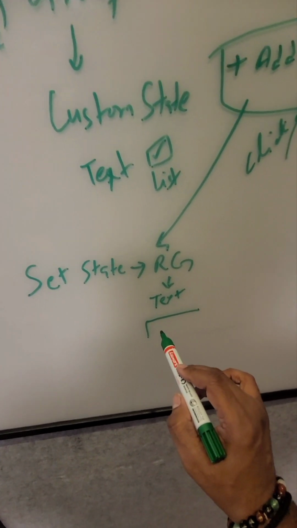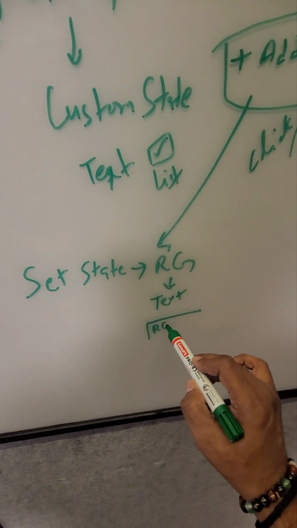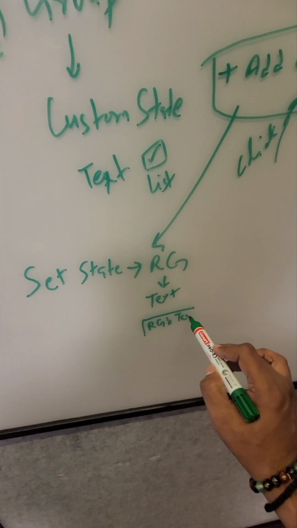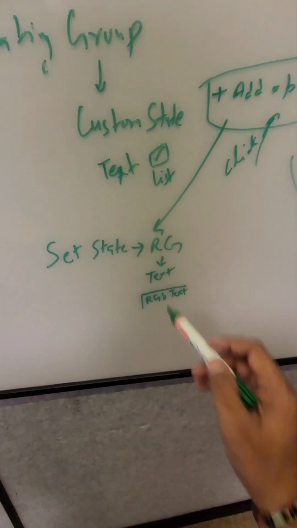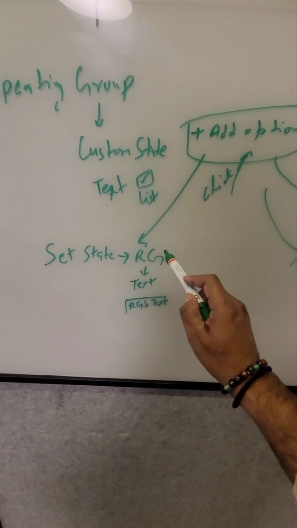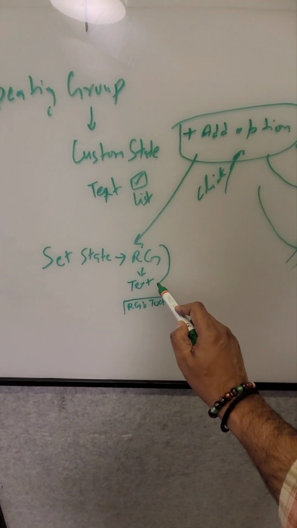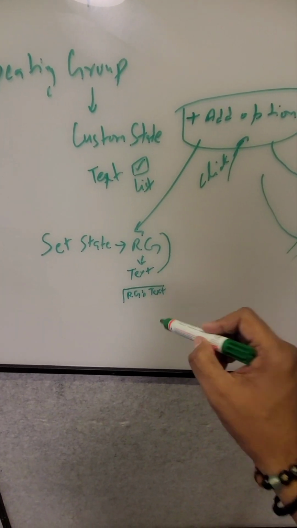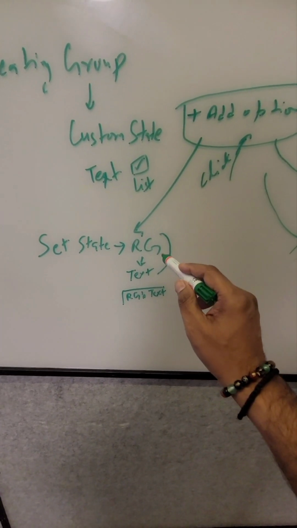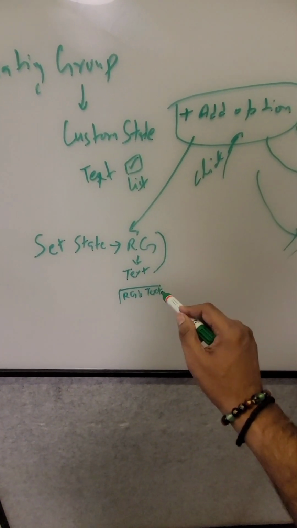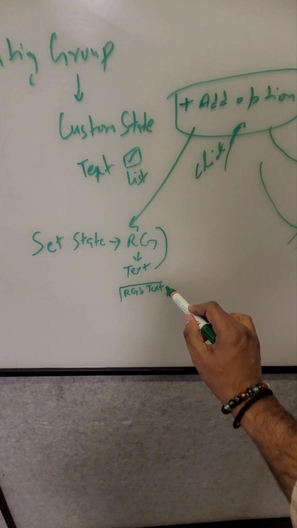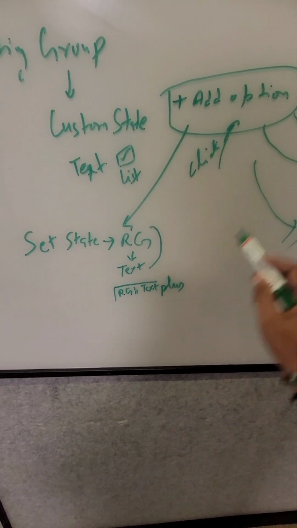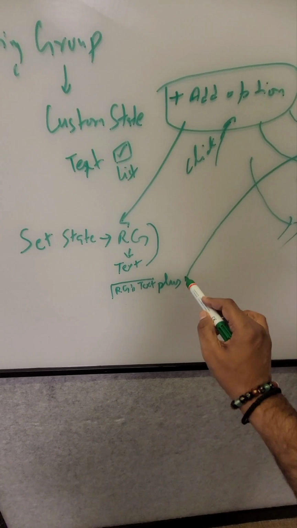So that's going to be RG's text, meaning this state already has this text, irrespective of whether it's empty or has some value. Whatever pre-existing values it has, just plus this option, right? Option 1.